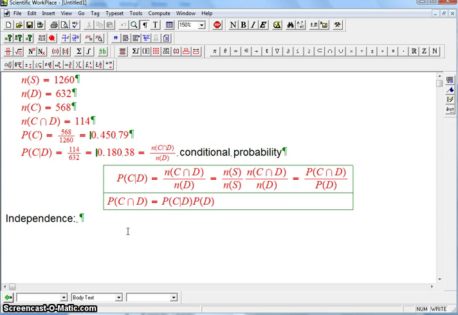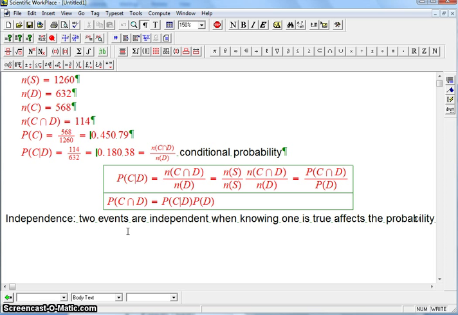So independence, we say two events are independent when knowing one is true does not affect the probability of the other one. And that's exactly a statement about does not affect. That's the opposite of this kind of thing.